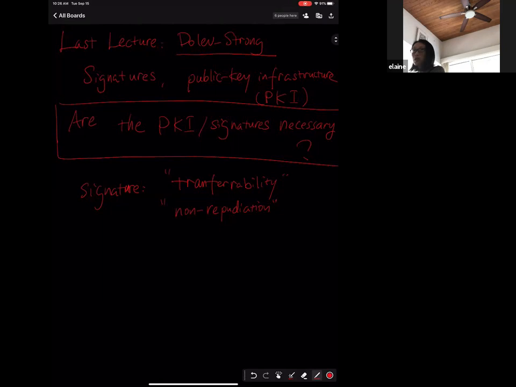So why is this question motivated? Why do we care about consensus protocols without PKI and signatures? Signatures are what we use all the time on the internet. I mean, in some cases, there are advantages. Number one, as we know, PKI is actually difficult to manage in practice, right? The biggest PKI deployed in practice is the certificate system for all these websites.